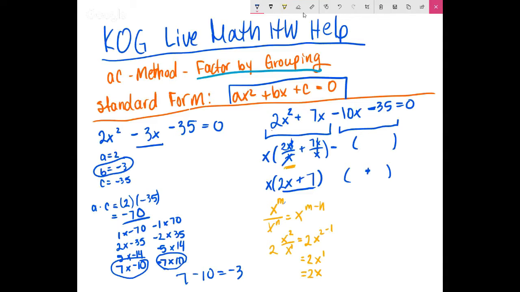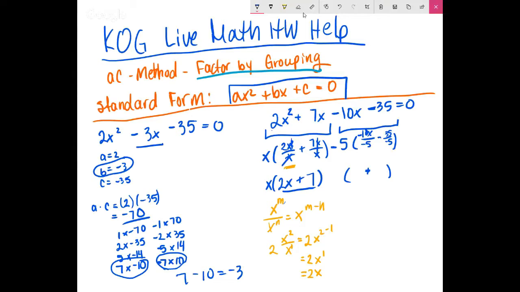They have negative 5 in common, okay? Negative 5. And they don't have any variables in common because 35 doesn't have a variable. So negative 10x divided by negative 5 is 2x, isn't it? Let me write it just like I did over here. Negative 10x divided by negative 5, and then negative 35 divided by negative 5 because we're factoring out the same number.